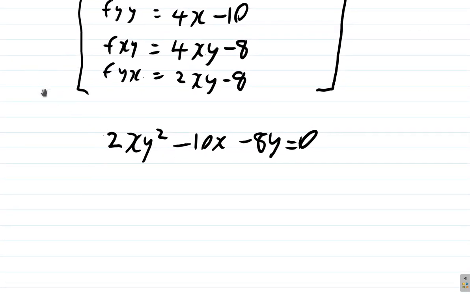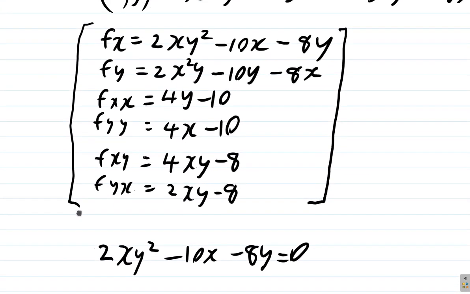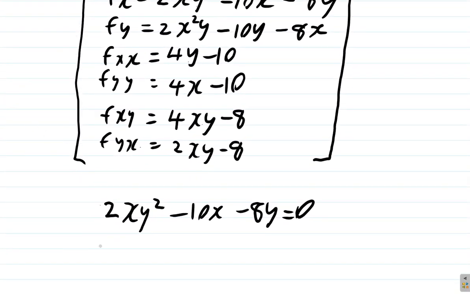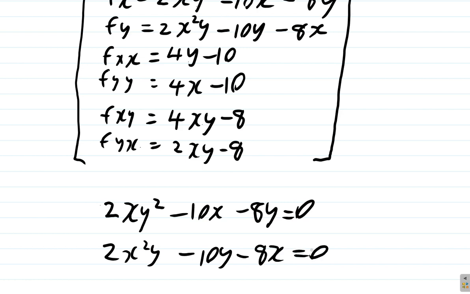We will also have 2x squared y minus 10y minus 8x equals 0.